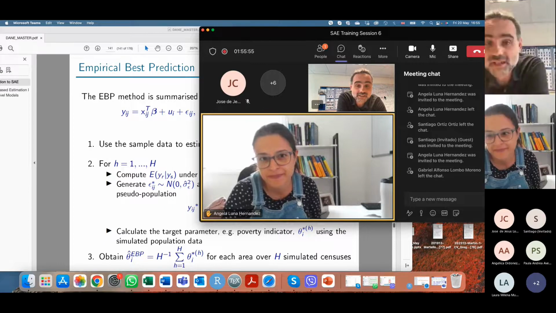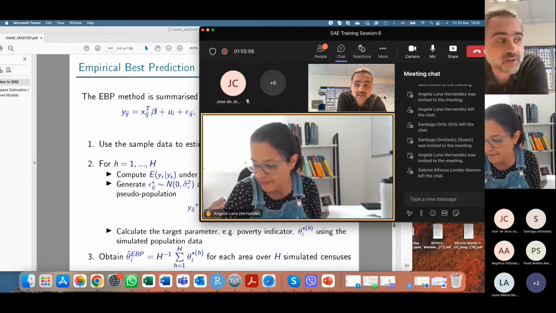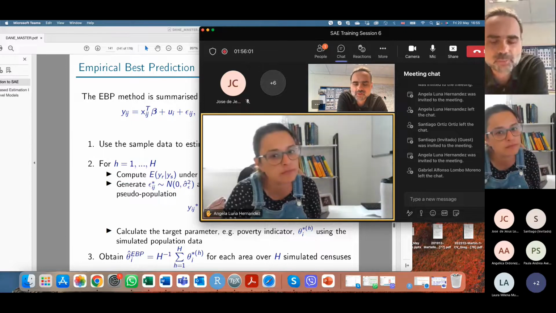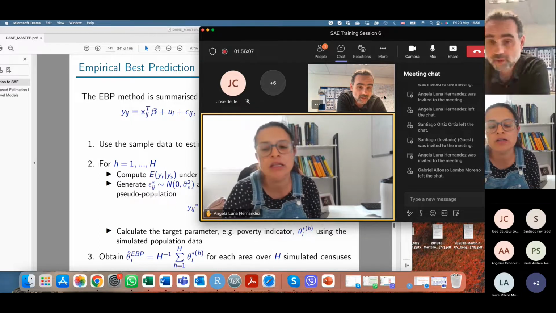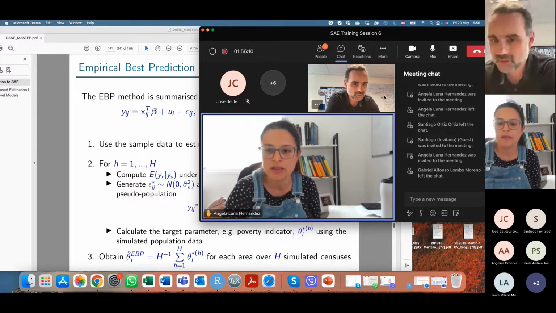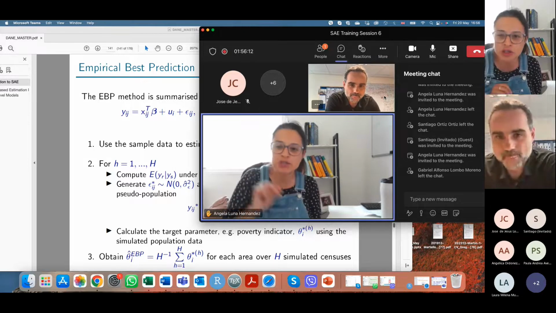Okay, so in that case, 50% of the municipalities are in the sample, and for these you can apply the EBP, right? There is something I wanted to ask you about that, because there is conditioning on the sample.